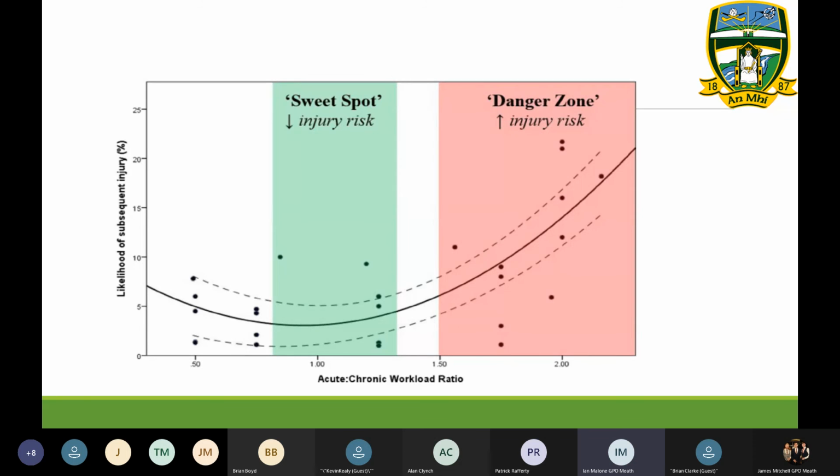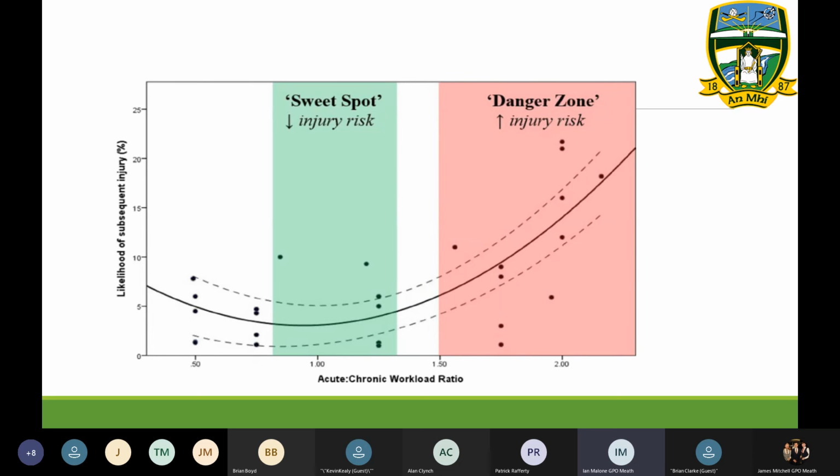If we just look at this slide here, we're coming up to the end of the presentation. This is the last thing to cover. We can see our range at the bottom. We've got 0.50, and then it goes up to 1, 1.5, and 2. In the green area, that should be between our 0.8 and our 1.3, and that's what we call our sweet spot.